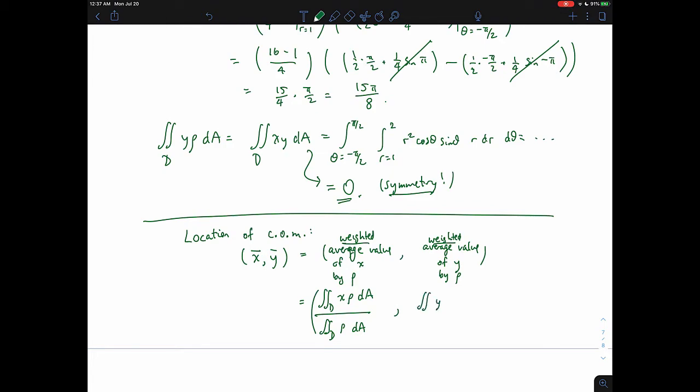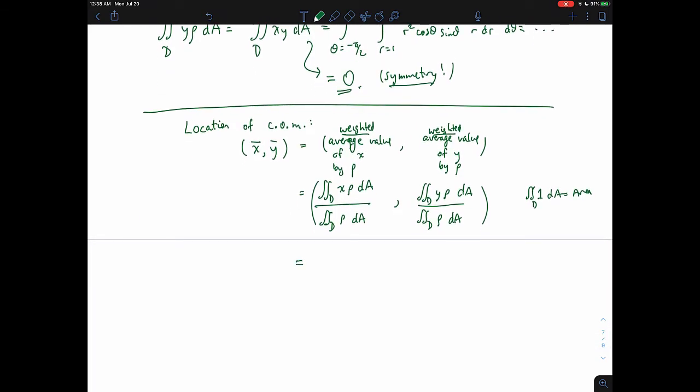And similarly, if it was just a regular average, then I would take the integral of y divided by the integral of 1. The integral of 1 would be the area, and the fraction that I've written here would be the normal average of y, but it's a weighted average with weighting function given by the density rho.